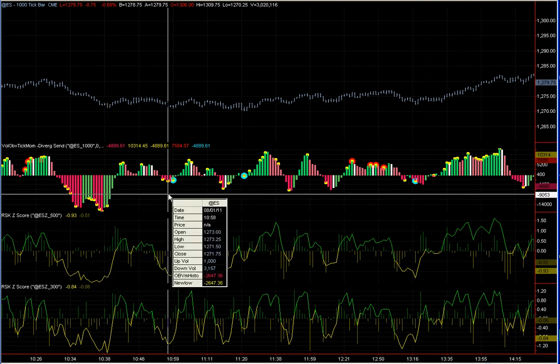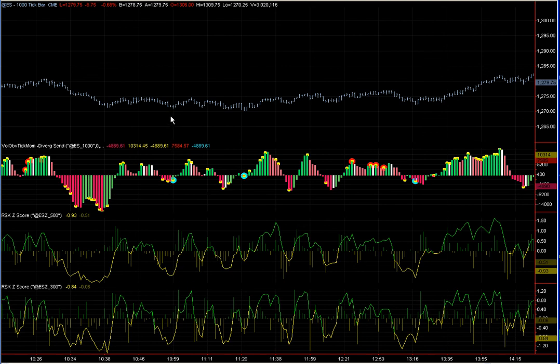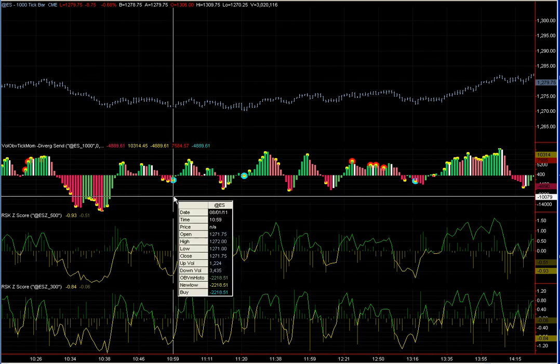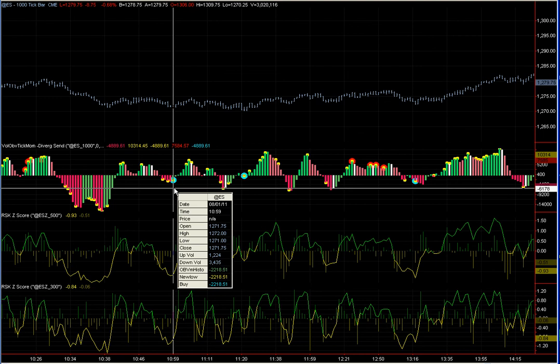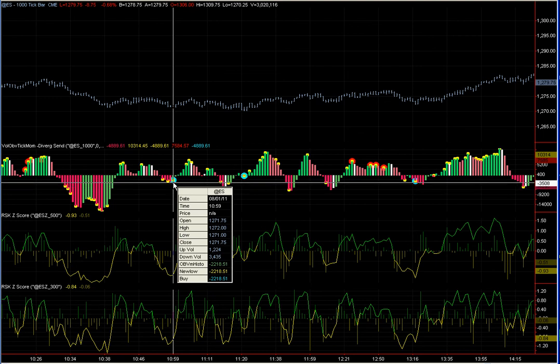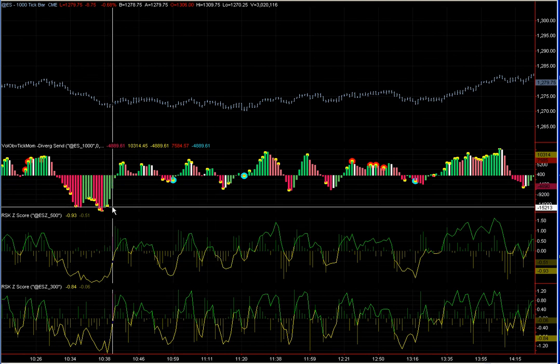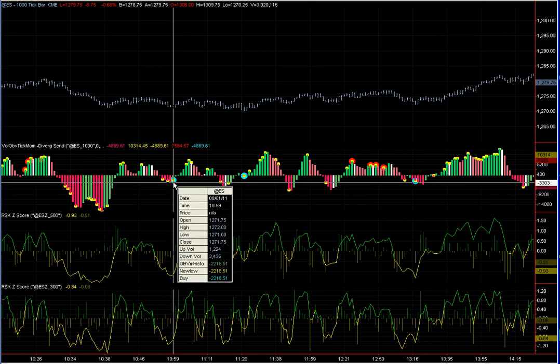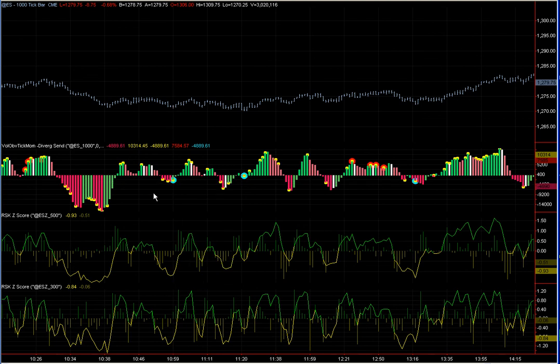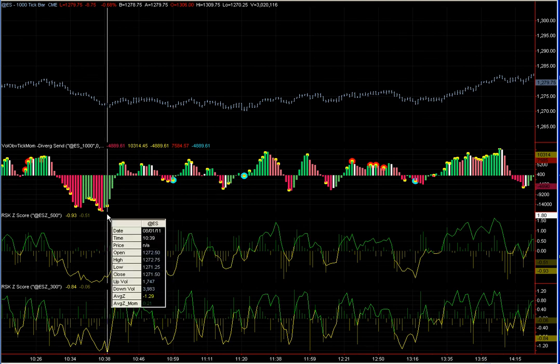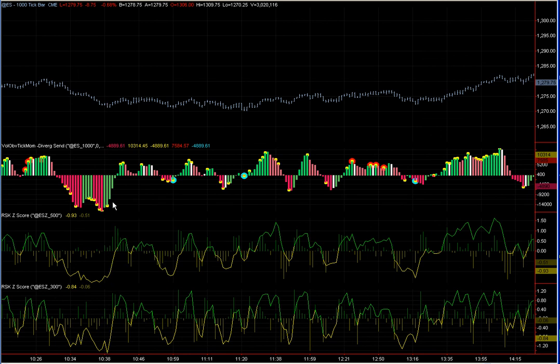Now the Spoos hit another new low, and we record the volume at that time. If the reading of the volume here is less than the reading over here, we have a divergence, and we're going to put a cyan dot on the screen.